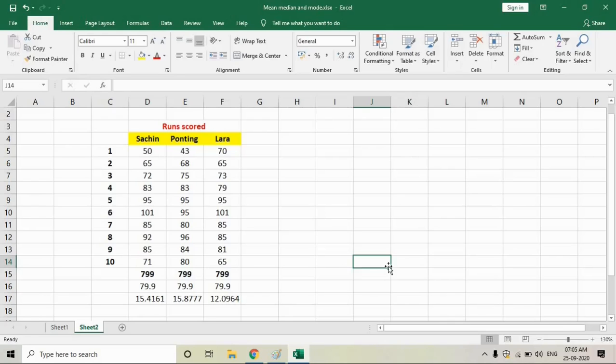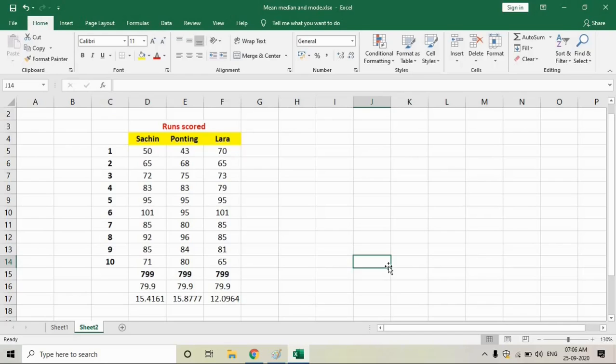Okay, when I say consistent or less stretched, you can say that the series is quite tight. The values are almost close to each other, and in the first two cases the values are not too close to each other. The values are quite different in all the matches.